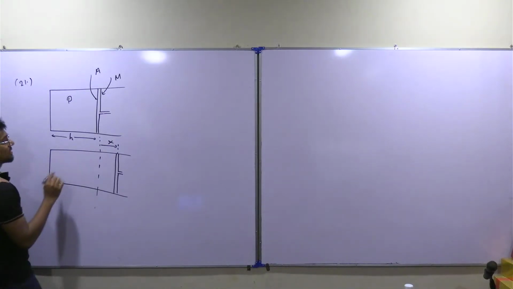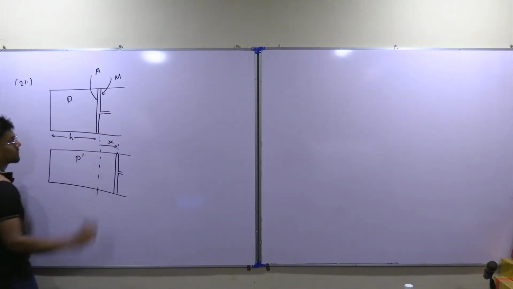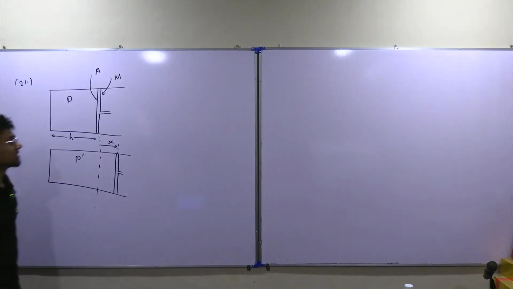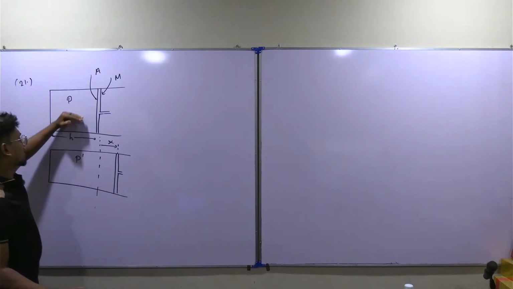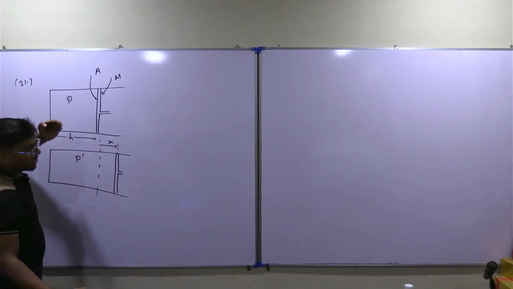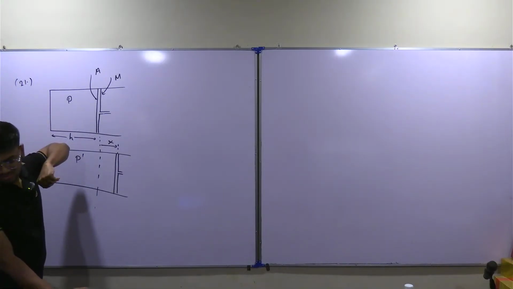Now the pressure inside the tube will reduce, right? Let's say the new pressure is P dash. Why? What is the reason? The temperature remains the same, and the mass of the air column remains the same. So according to Boyle's law, when volume increases, the pressure will decrease.